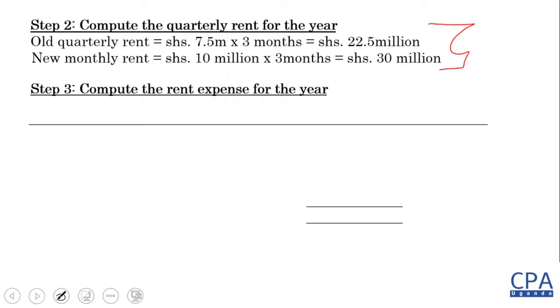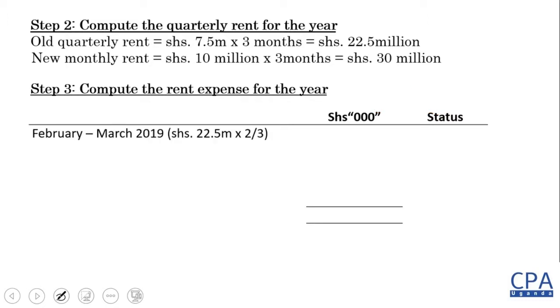So using some rows and columns here, I'll show the status, and then I'll be showing the rent per quarter. Rent is paid on the 1st of January, 1st of April, 1st of July and 1st of October. For the year 2019, I'll begin computing from February, because the financial year of this company ends on the 31st of January of every year.